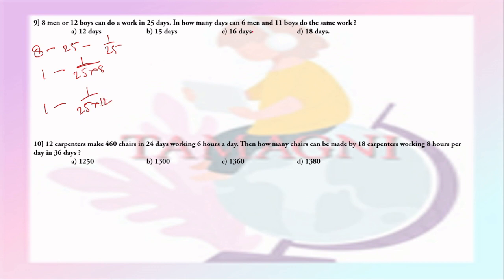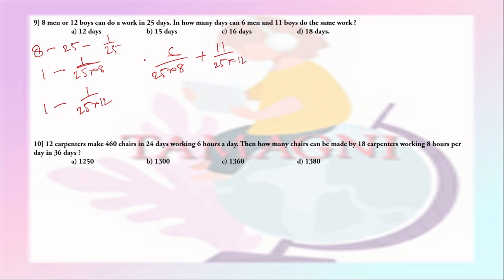Now 6 men and 11 boys will work together. So the part of the work they do in one day is 6 by 25 into 8 plus 11 by 25 into 12.